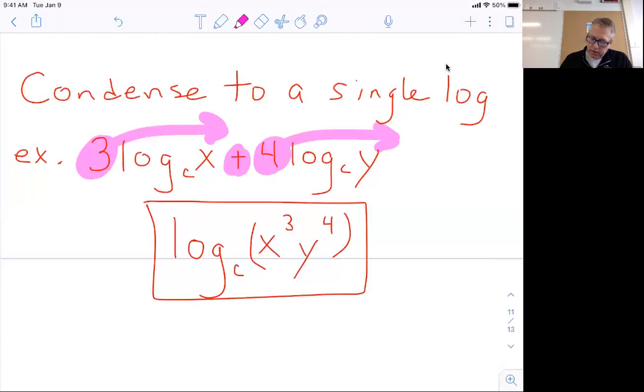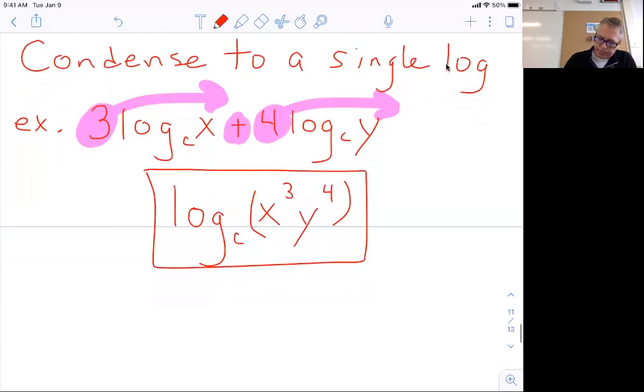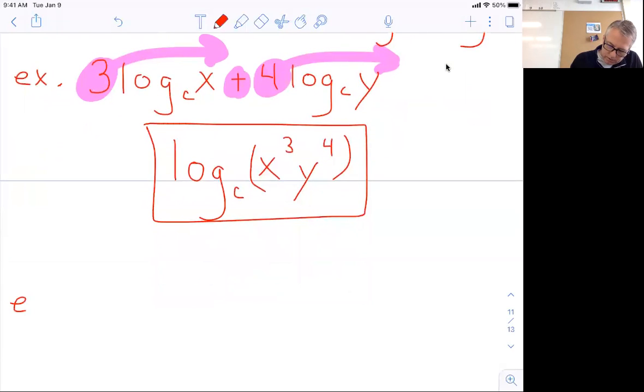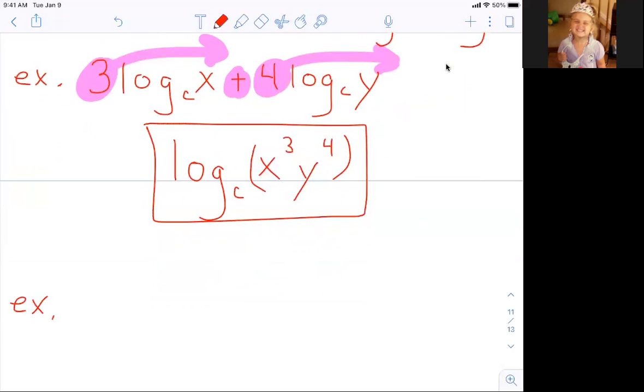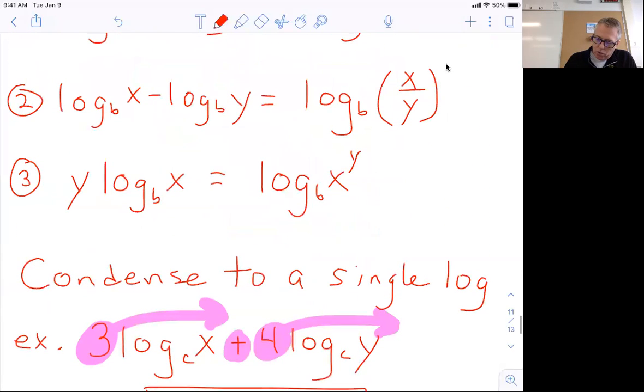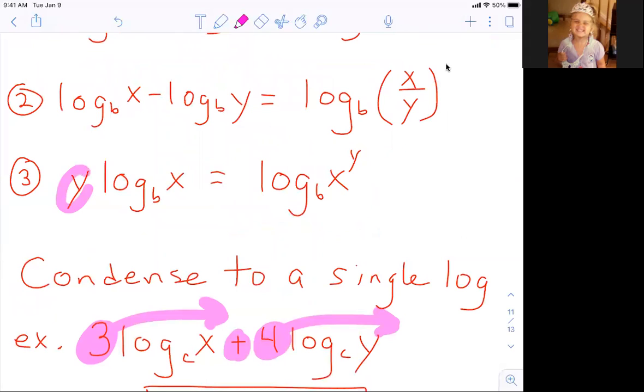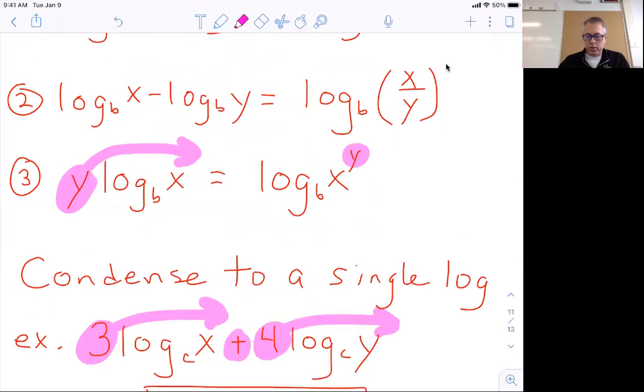And because it's addition, we make it multiplication. Wait, so why did the numbers become like powers? Yeah, that's the third rule of logs here, that if you have a number out front, you can make that an exponent of what you're putting into the log. So I'm applying that third rule there.